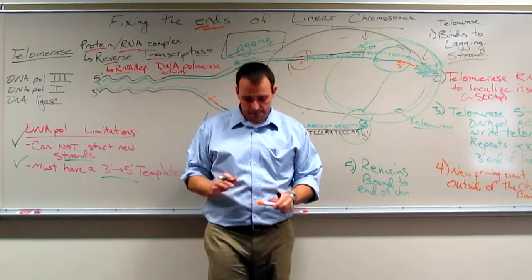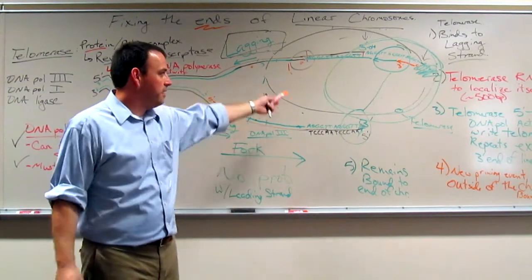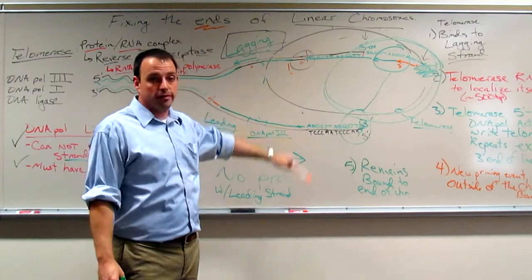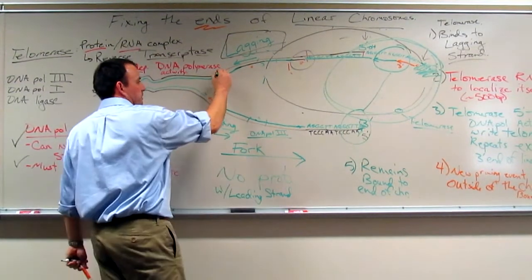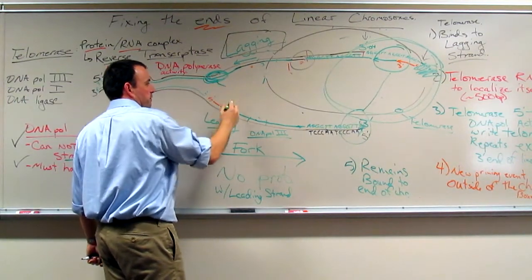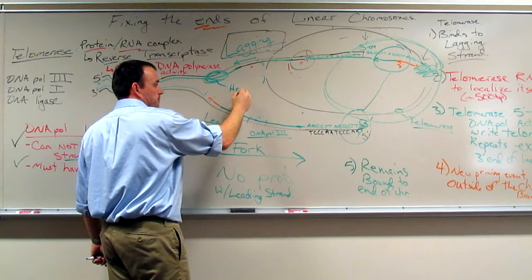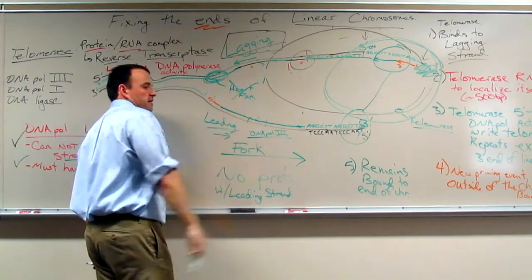Simple as that. Why is that important? It's important because if we don't do that, your chromosomes get shorter, and some gene over here that's required for, say, heart function gets deleted if we don't.